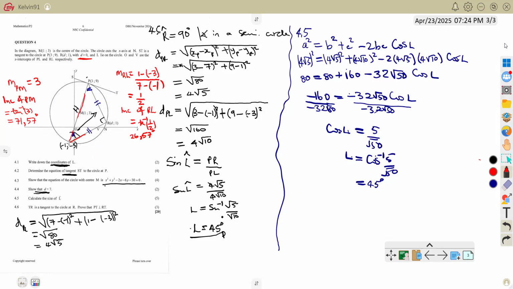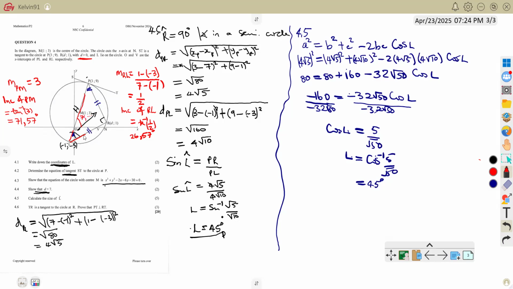So let's go to our diagram. Let me use a red ink. So in other words, when we calculate the angle of inclination of PM, this one, which is also the angle of inclination of PL, we found it to be 71 point what.